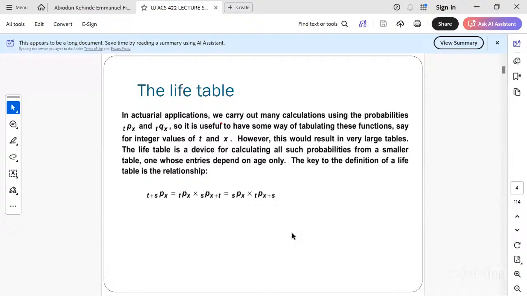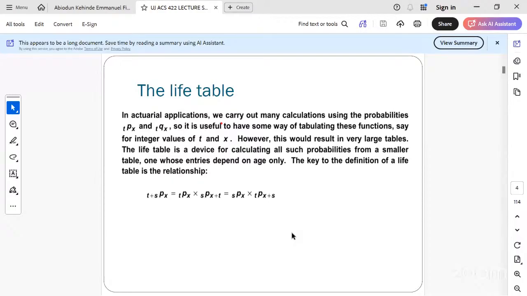So this device is very important. We have the ALT15 documented in the Yellow Book, although the IFoA is introducing another table called the Red Book, which I'm trying to lay our hands on. But at least in our first semester, I shared an actuarial table with you, so you have an idea of what I'm talking about.